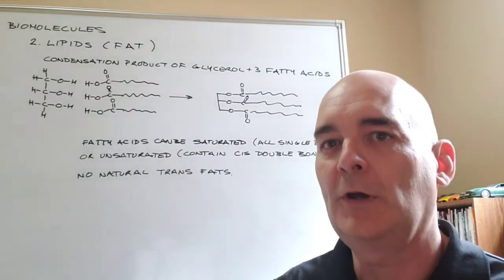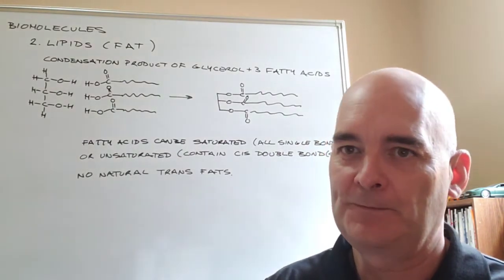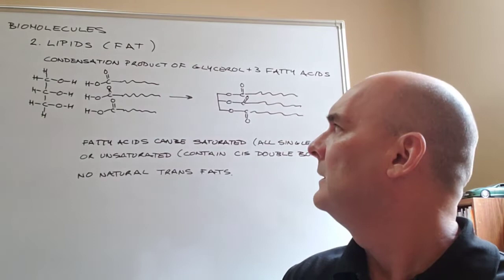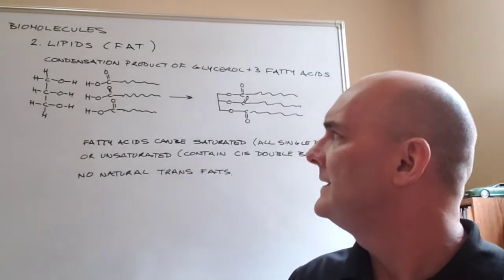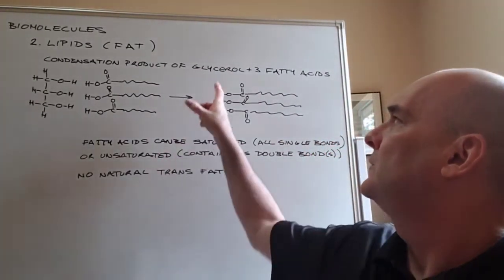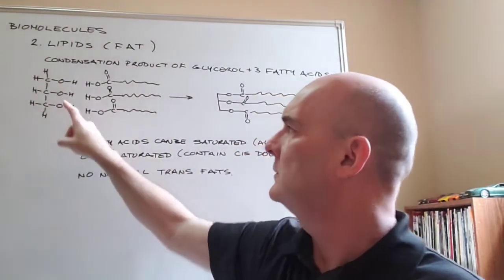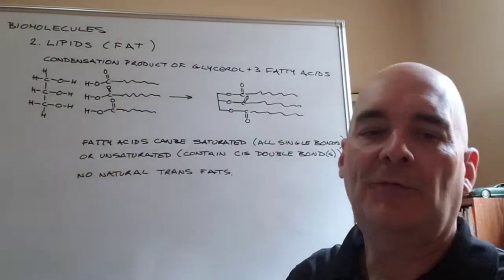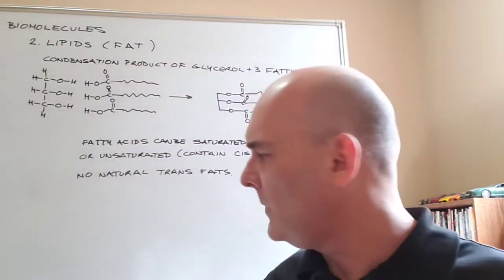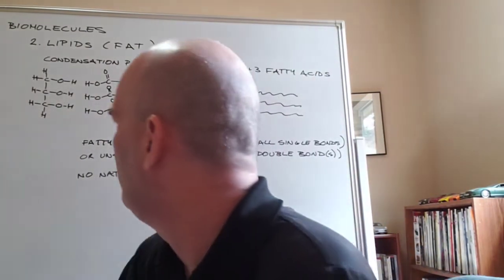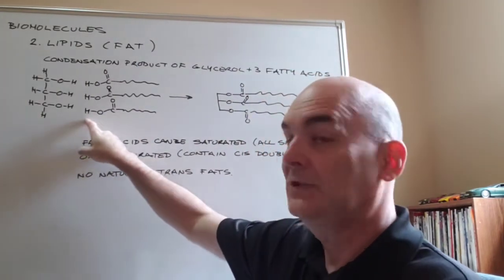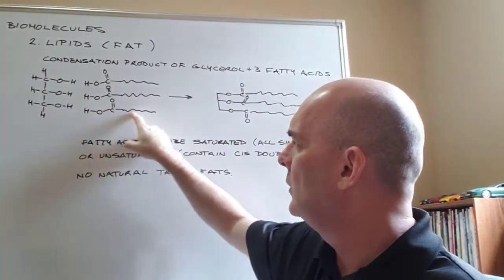And lipids themselves are a condensation product between glycerol, which is this molecule here, 3 alcohols, and 3 fatty acids. And a fatty acid is a carboxylic acid, but with a long chain.